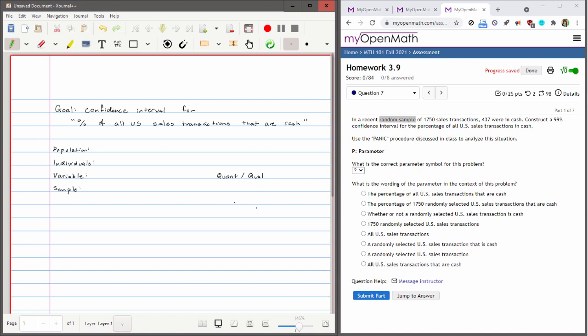We're not being asked about all of these things, but we need to understand all of them before we can start doing anything at all in statistics.